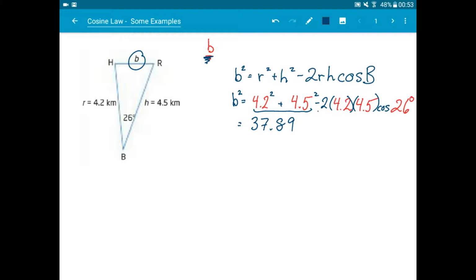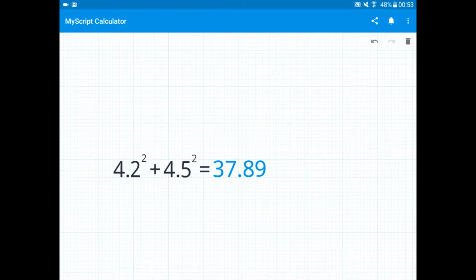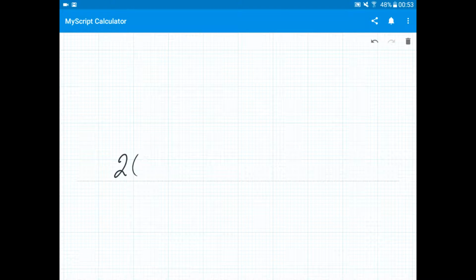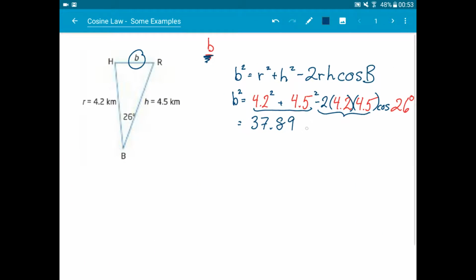Now I'm going to do this part together, 2 times both those numbers. So 2 times 4.2 times 4.5 gives me 37.8. So back here, we're going to put in minus 37.8 cosine 26.